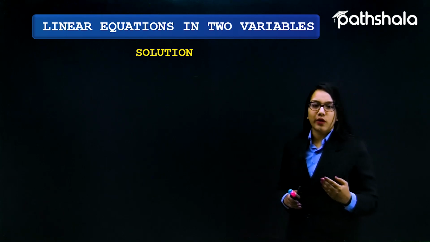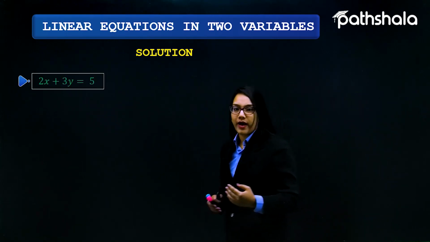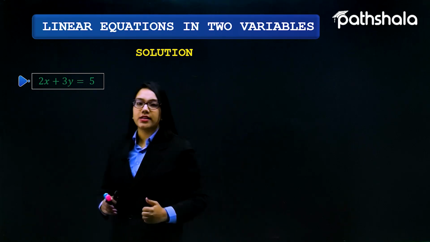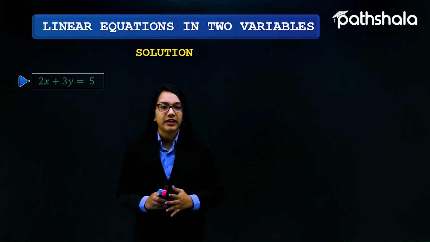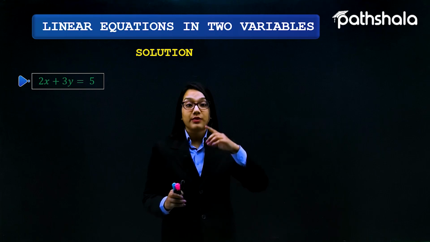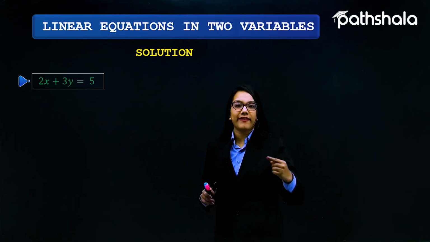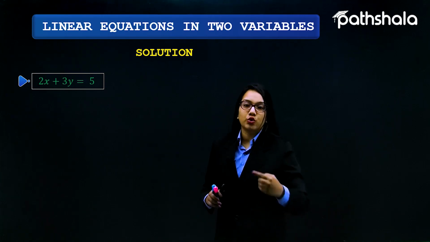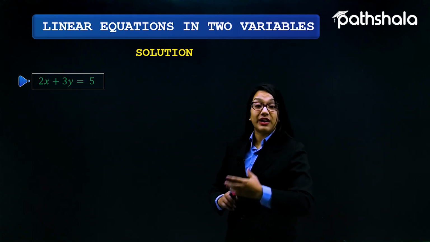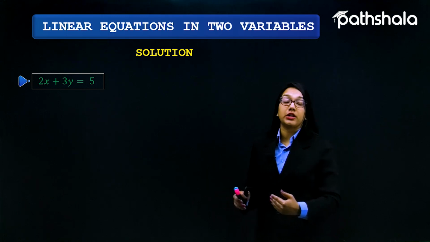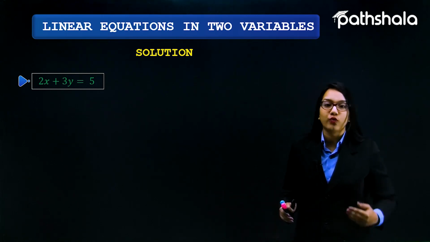Let us suppose we are talking about the linear equation 2x plus 3y is equal to 5. Obviously this is a linear equation in two variables because there is a variable x, there is a variable y, and the highest degree of the variables is 1. So 2x plus 3y is equal to 5 is an equation, and it is a linear equation in two variables.